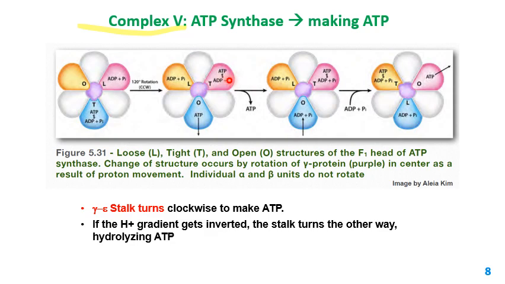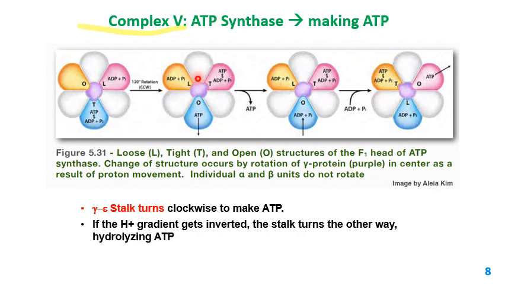But this subunit, beta, is an enzyme. And the conformation of the enzyme is going to dictate whether you put a phosphate to ADP or whether you push the reaction to go backwards. So in theory, it could take ATP and break it down into ADP and phosphate. So what determines whether this enzyme is making ATP or hydrolyzing ATP is really the direction of that stalk and how it moves in relation to those subunits of F1. Okay?